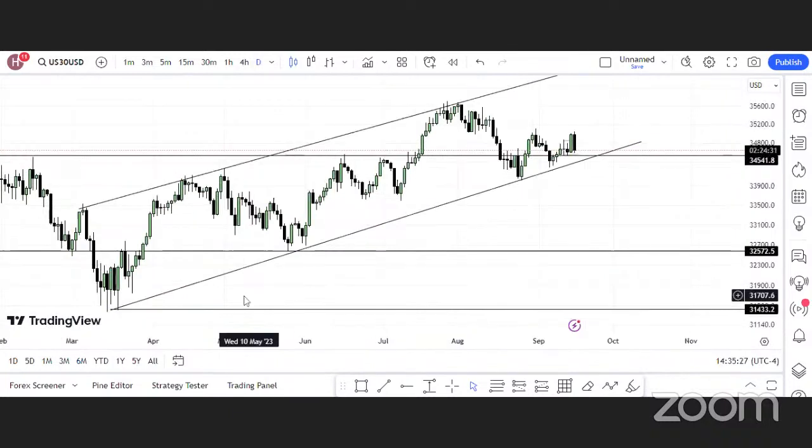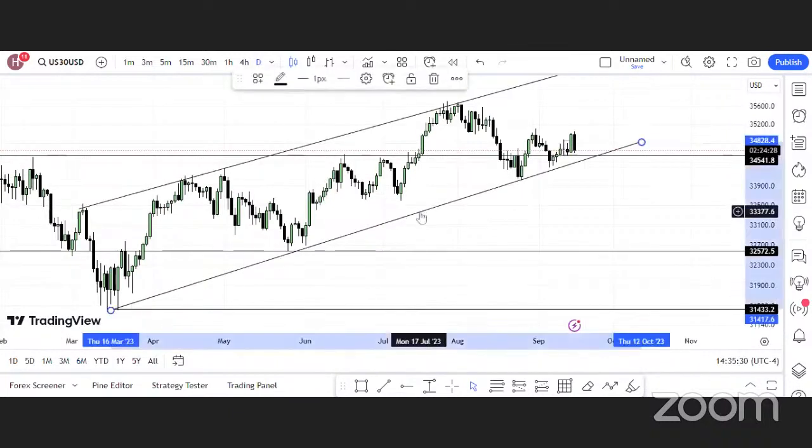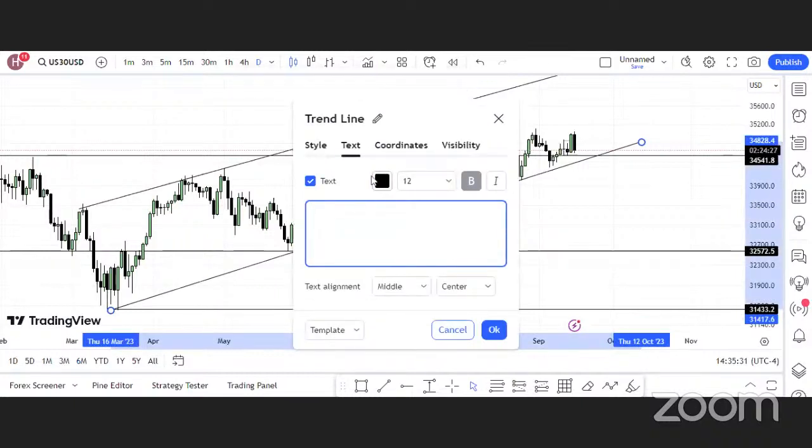You see this? This is a trend line. Let me label it.